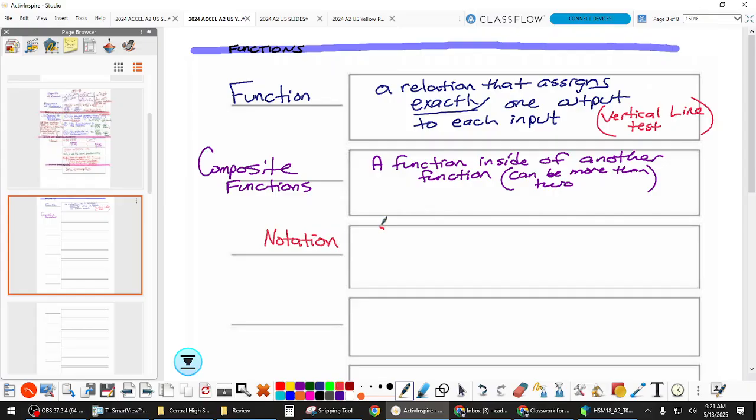Notation. So we're using function notation, of course. This is the more common version, definitely for you going on to higher level math. Okay, so you'll definitely see this one.